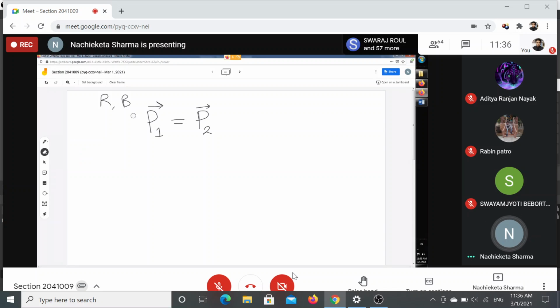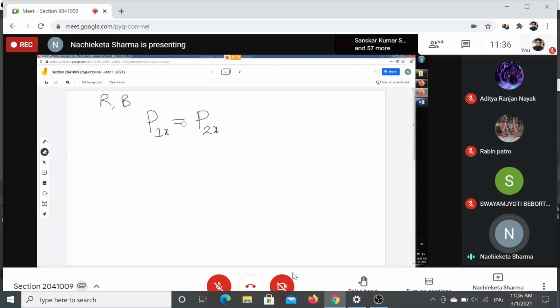There is no vector, only the x component is involved. So you can write P1x is equal to P2x. That means all x components of the momentum before collision and after collision are same.